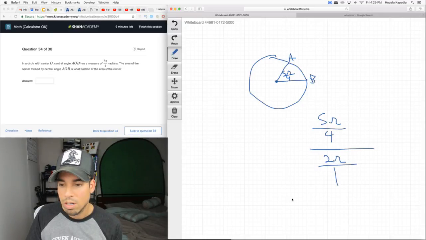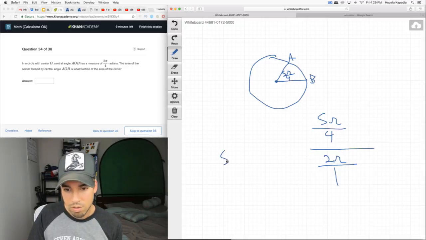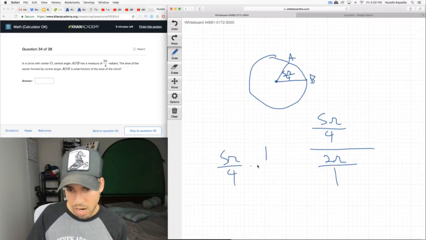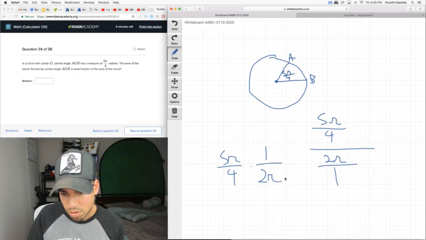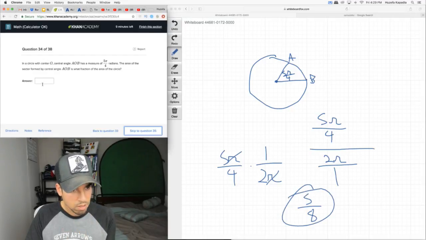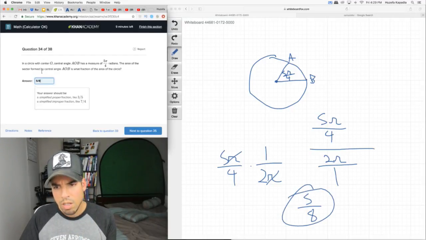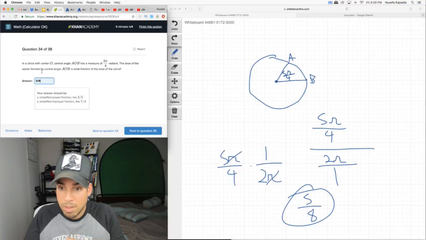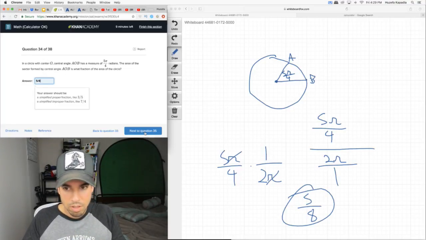I like to say over 1, because that is 2 pi over 1. Then it's really times the reciprocal of that. Division of fractions is multiplication times the reciprocal. The pi's cancel out, and we get 5 over 8. Make sure that's right. Yeah, 2 pi is 360. That's a little bit bigger than pi, so it makes sense there's more than half.